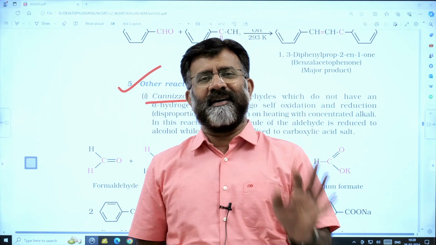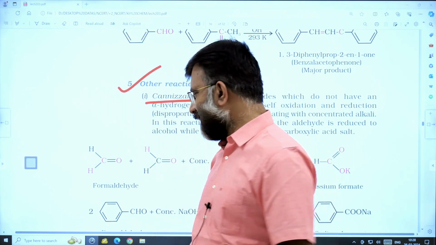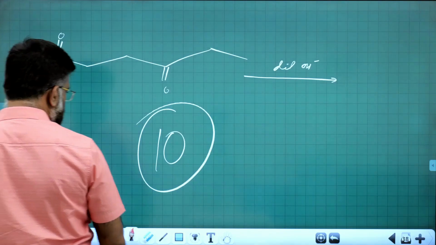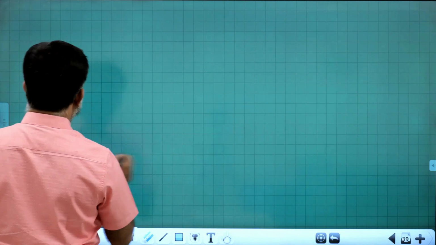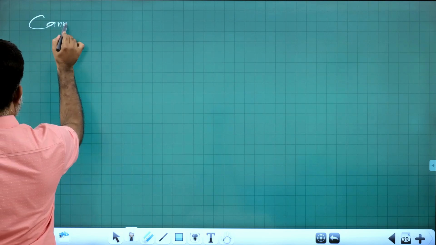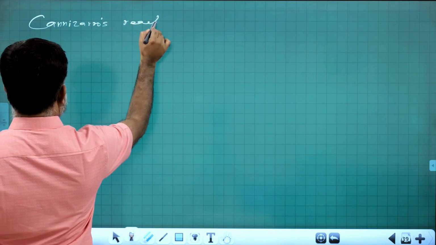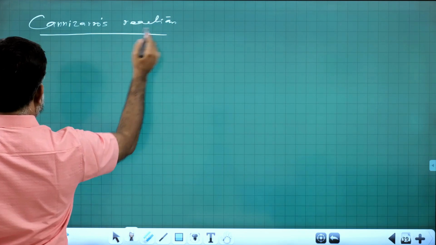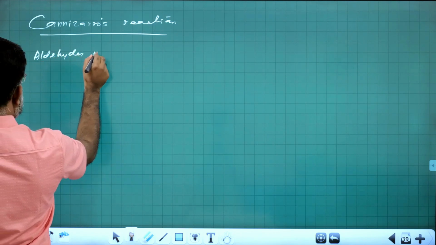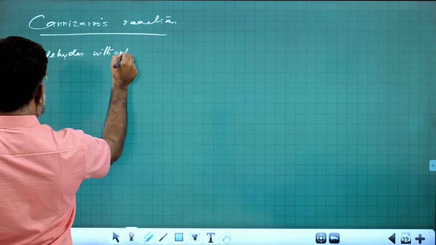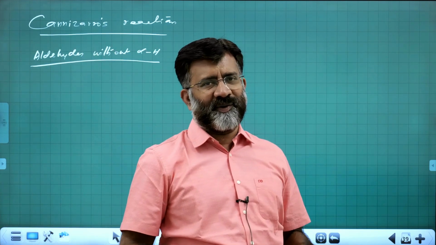Aldehydes without alpha hydrogen give the very popular disproportionation reaction, the Cannizzaro reaction.